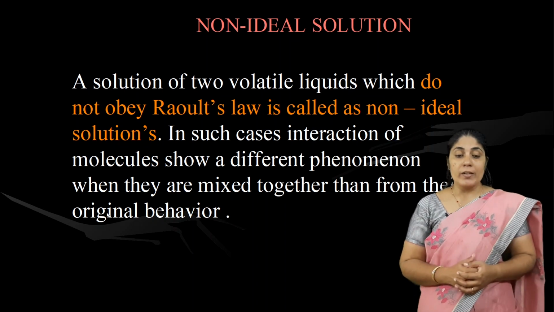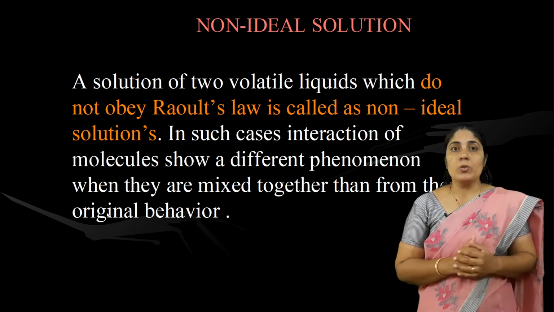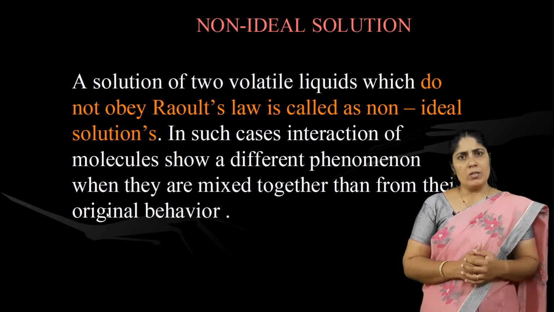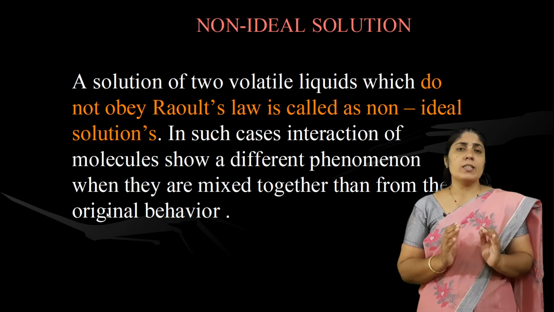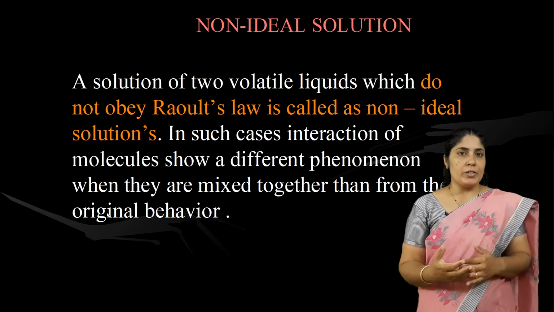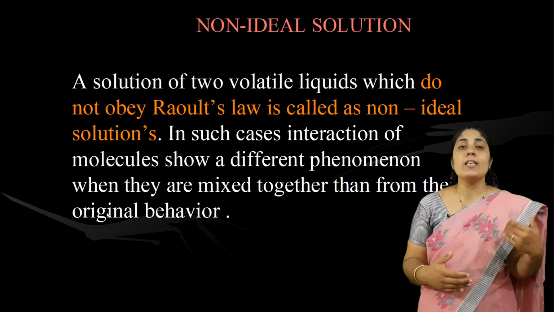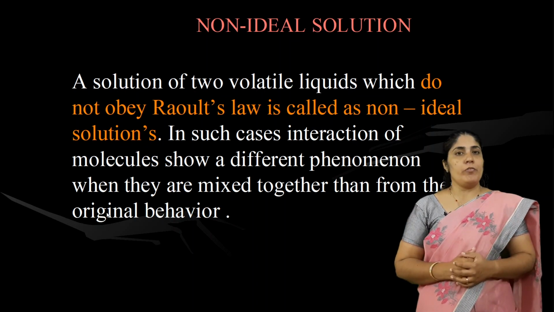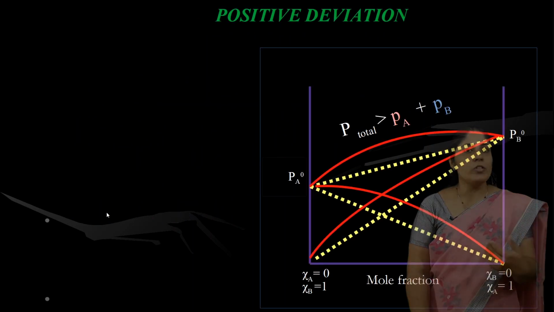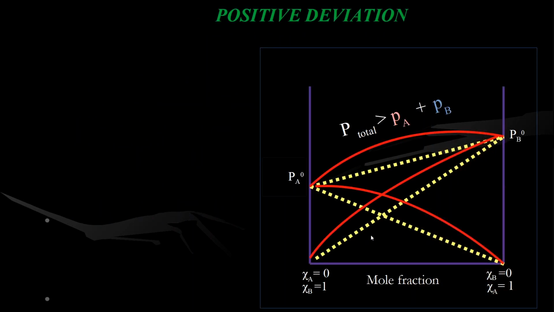That is practically correct. Why they do not obey Raoult's law is because in this category of solutions, the intermolecular interactions are not as we expect, or they have got a phenomenal change. Now, let's try to understand each category of a non-ideal solution.